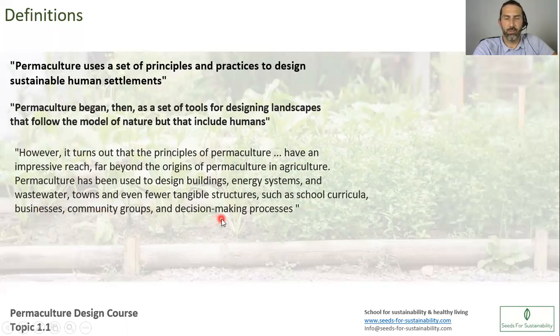You will see in the course also that at the end of the course, we will have some extra sessions on especially that part, decision-making processes, group facilitation work. We talk about sociocracy. Maybe you've heard about that. A very effective system to organize groups and make decisions in a, well, not democratic way. We call it a sociocratic way. There are slight but very important differences. So stay tuned for that.